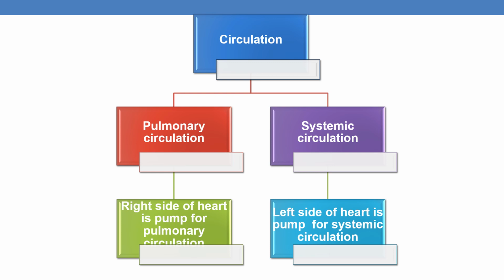The right side of the heart is the pump for pulmonary circulation. Pulmonary means related to the lungs. The left side of the heart is the pump for systemic circulation, which is the blood supply to all different body parts except the lungs.